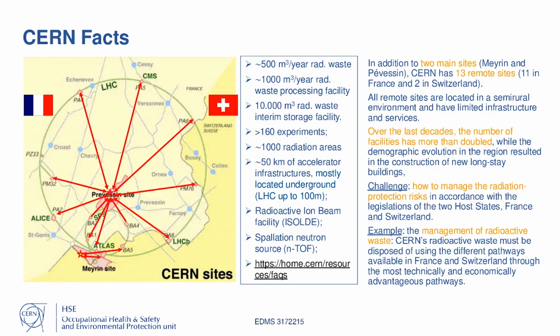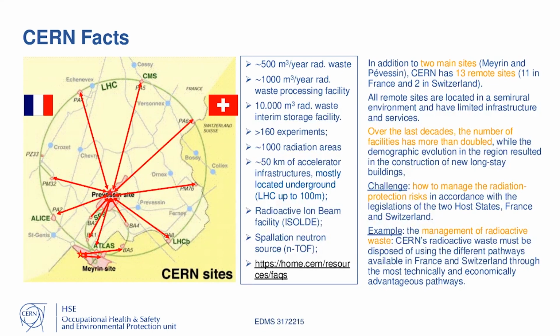This is nothing to be compared with the kind of radioactive waste that you have coming from a nuclear power plant, yet it is a challenge. And we have a waste processing facility capable of 1,000 cubic meters per year and 10,000 cubic meters of interim storage. It comes from various experiments, radiation areas, from our accelerators.